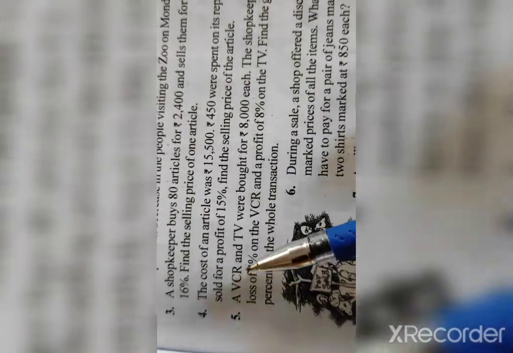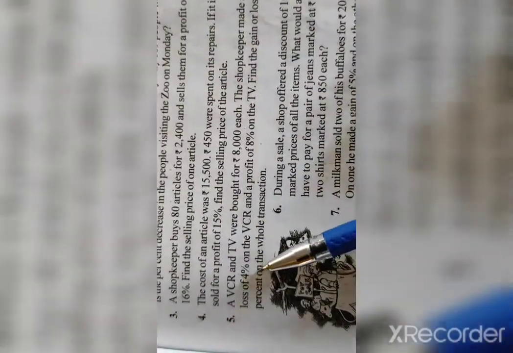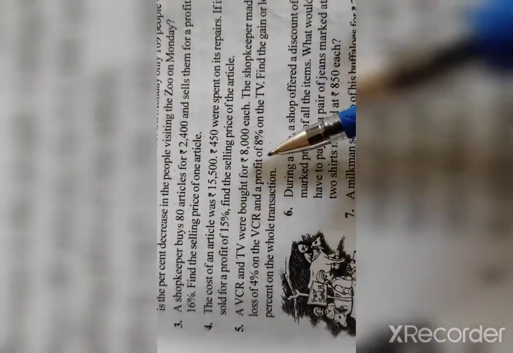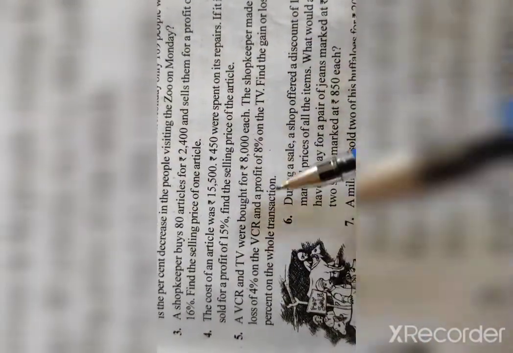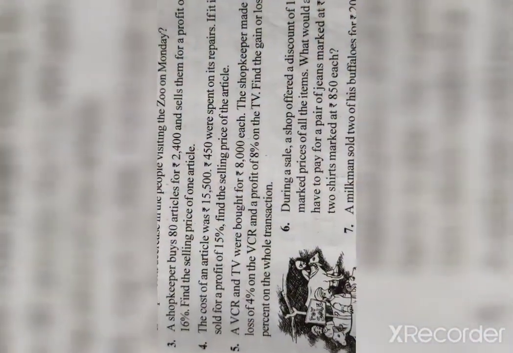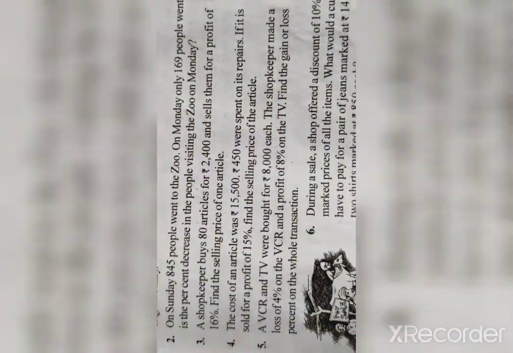Now a VCR and a TV were bought for rupees 8,000 each. The shopkeeper made a loss of 4% on the VCR and a profit of 8% on the TV. Find the gain or loss percent on the whole transaction. Already we have done this question in the try this, the cost of 2 TV sets in that. So I am explaining this question.